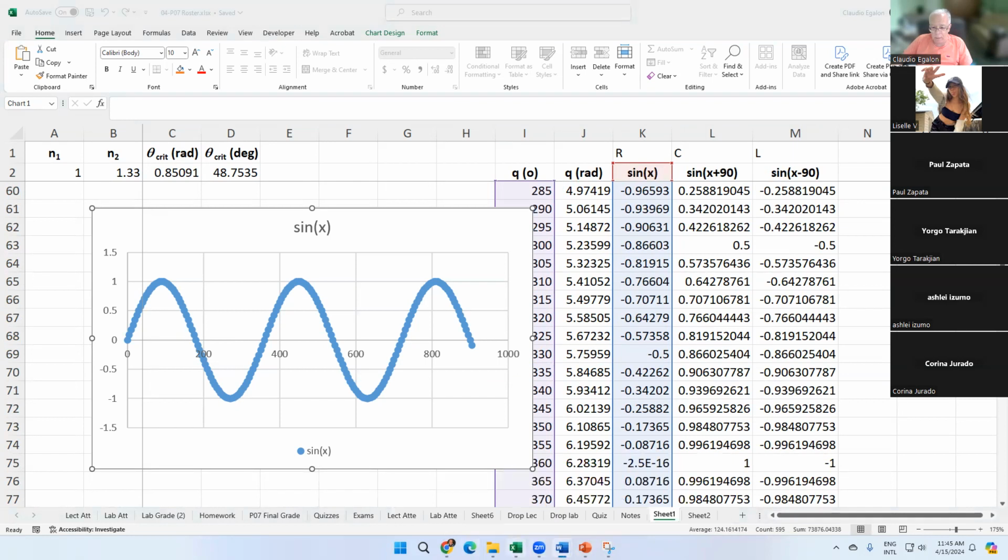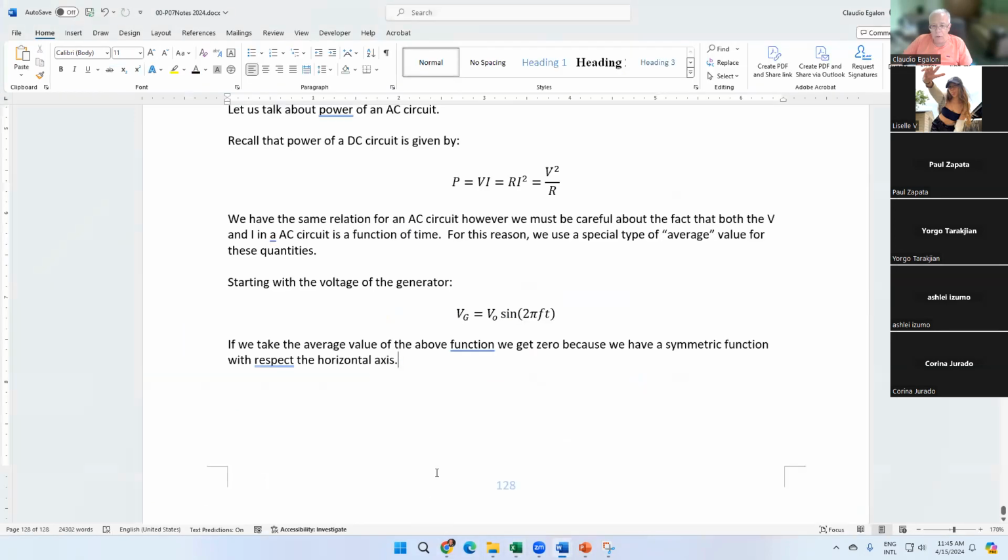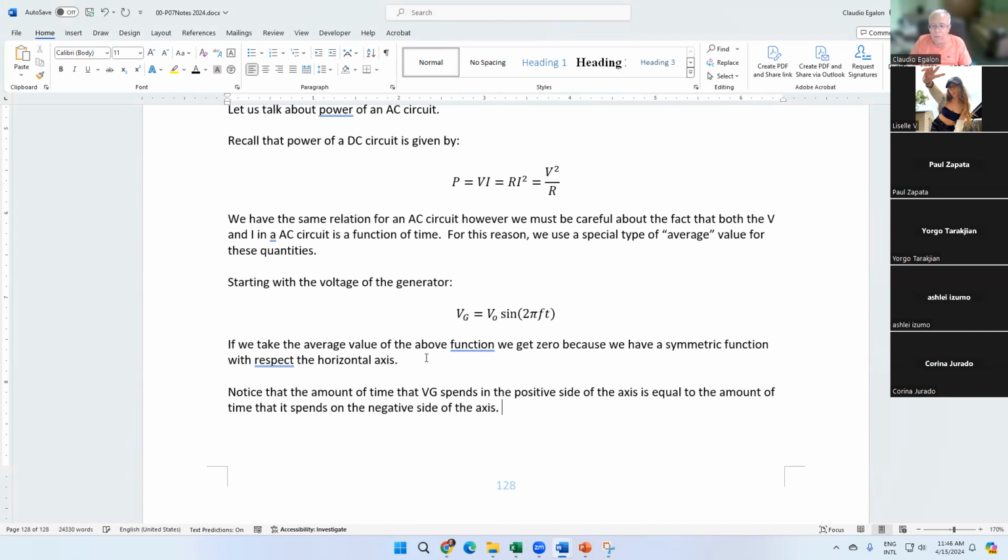Note C. I'm going to write that down here for you. Note C: the amount of time that Vg spends in the positive side of the axis is equal to the amount of time that it spends on the negative side of the axis.